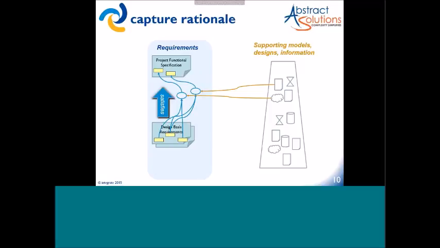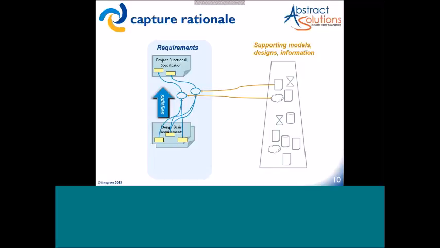There are other relationships that we might capture as well, and this slide shows a relationship between the design and the requirements. Now, the principle shown on this slide, though, is really that rather than just tracing requirements to requirements, we capture also rationale to explain the relationship.